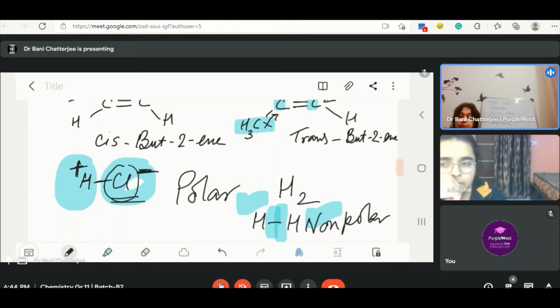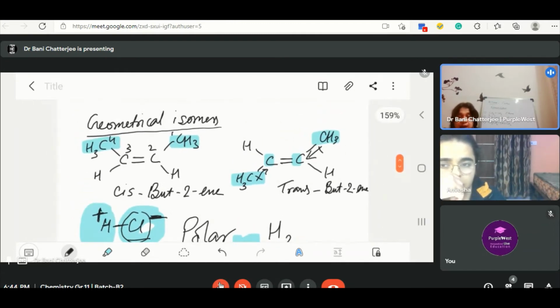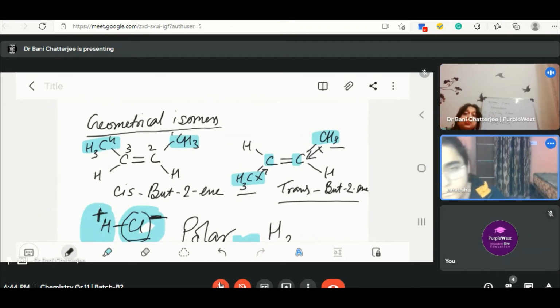Clear? Now just see where I was explaining trans-but-2-ene. Here what is happening? Both the CH3 groups are giving electron equally, so their polarity is getting cancelled and trans is becoming non-polar.